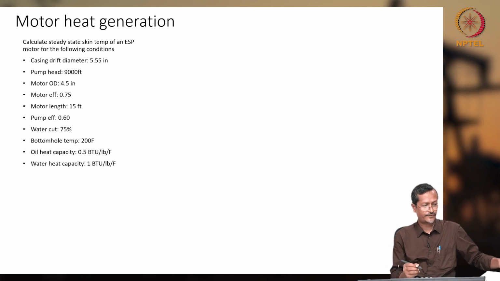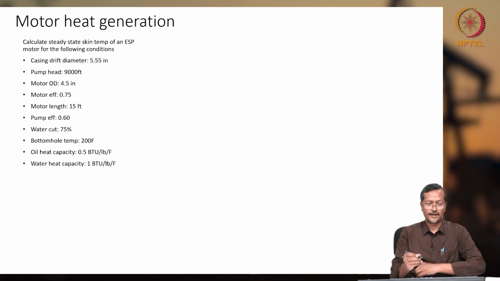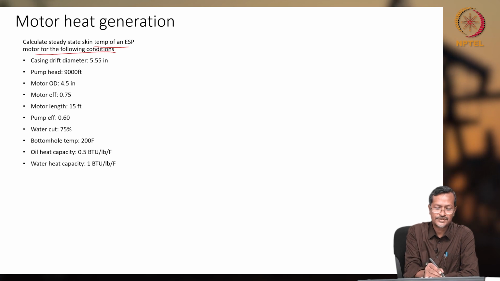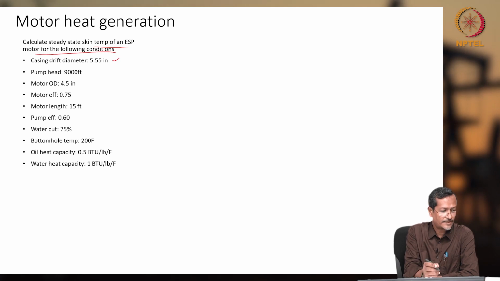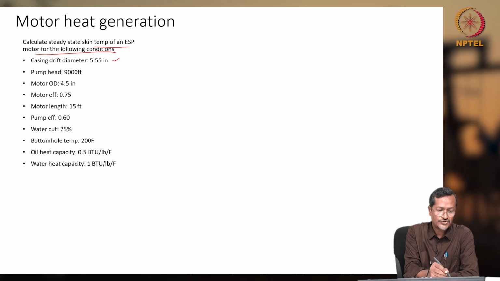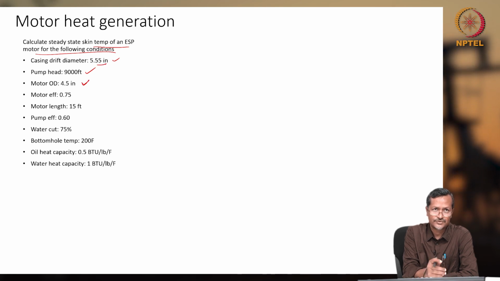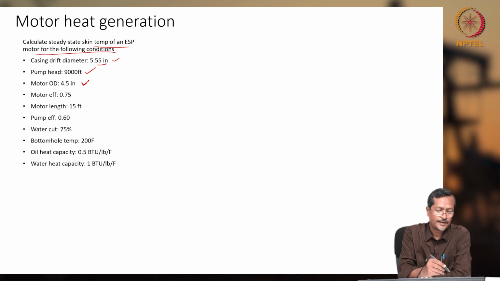Here is one problem I have taken from an ESP book. Calculate the steady state skin temperature of an ESP motor with the following conditions: casing inner diameter is 5.5 inch, pump head 9000 feet, motor outer diameter 4.5 inch. So casing 5.5 inch, motor 4.5 inch, you have only a 1 inch gap.